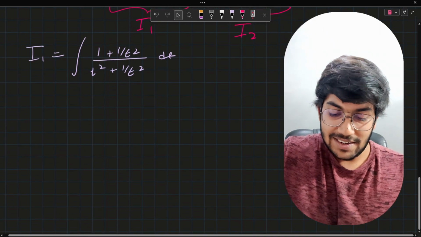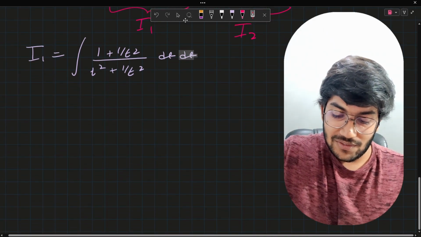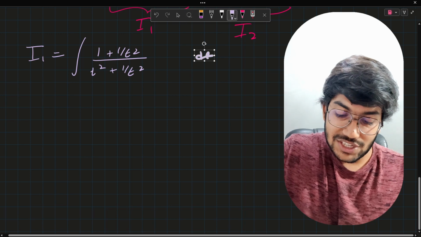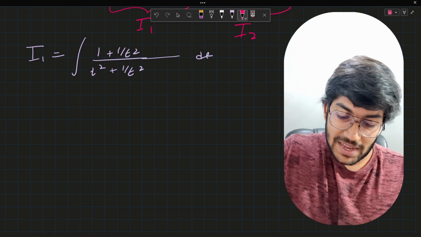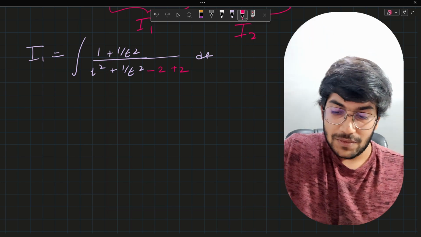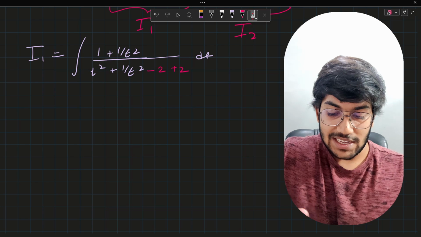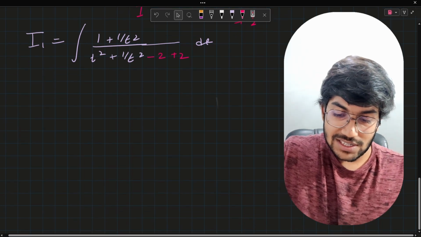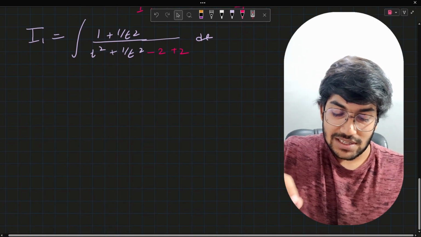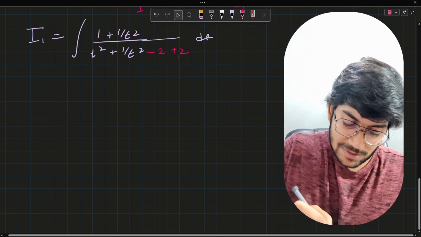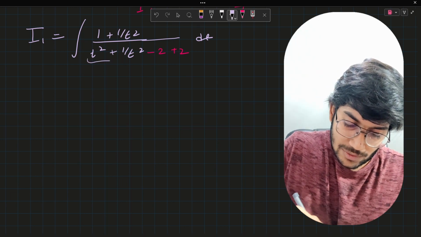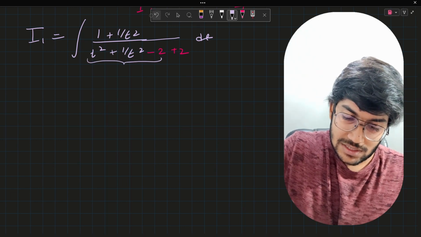Again, we add an artificial 0 right here by subtracting 2 and then adding 2. Basically this term is 0, and this is done for a slight manipulation. If you observe, what is this?